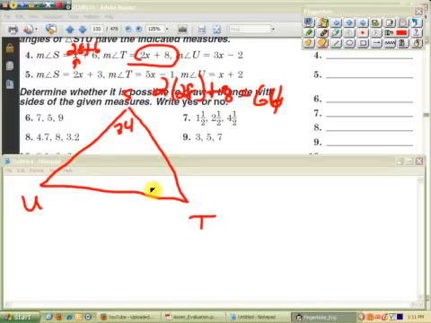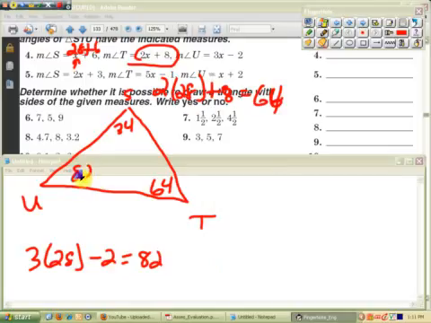So angle T will equal 64. Now I have another angle, and that's angle U. But I got to plug my 28 in for x for angle U. 3 times 28 is 84, minus 2, so it's 82. So there's my three angle measures.